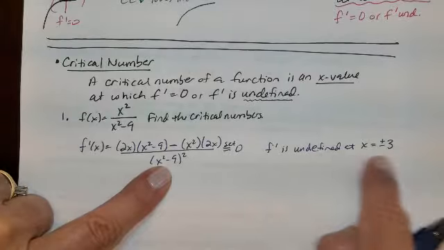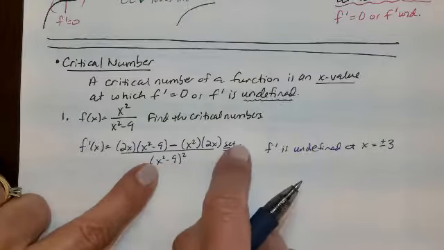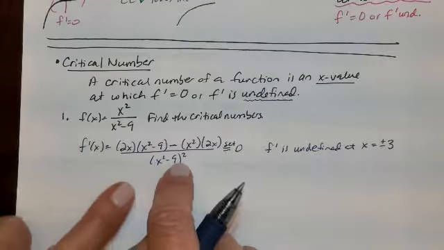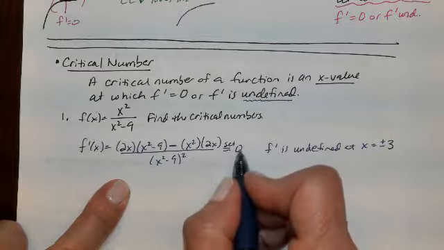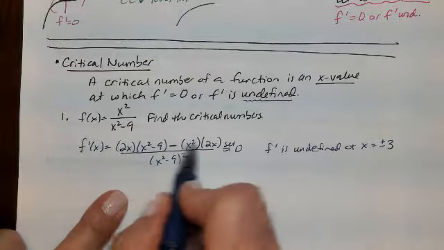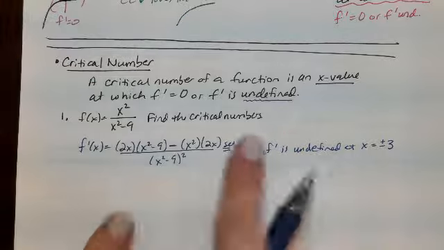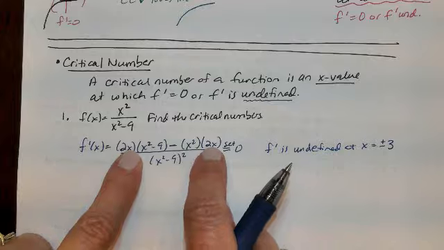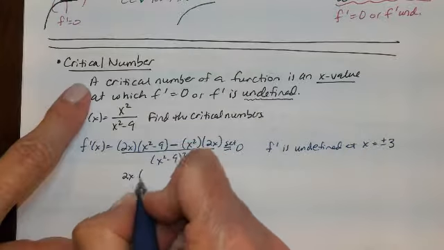Okay? Once we take care of that, now I'm going to multiply both sides by that denominator. When I multiply both sides by the denominator, it's going to go away. So I'm going to get rid of that because I have a 0 on this side, right? With what remains on top, I'm going to go ahead and distribute. Actually, no, I'm not going to distribute. I see I have a common 2x. So it's going to be easier not to distribute, but to take out that common 2x. So 2x I'm taking out.